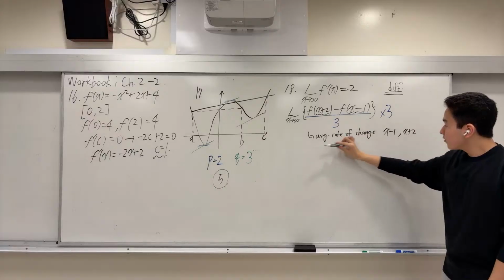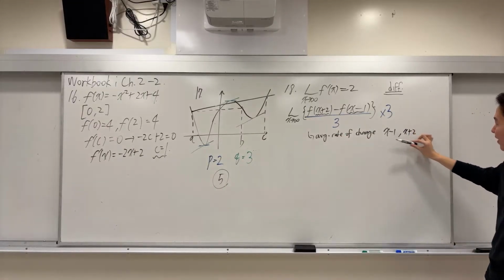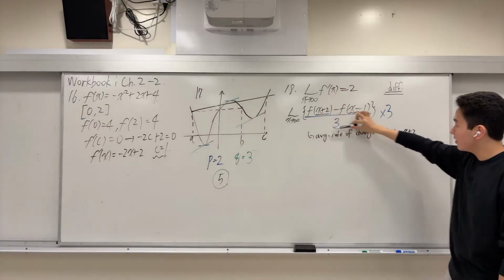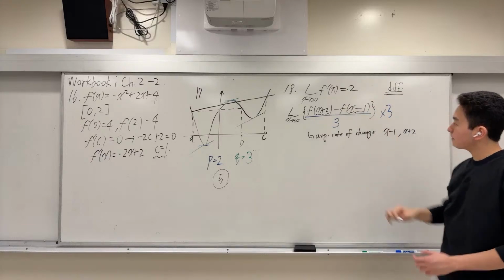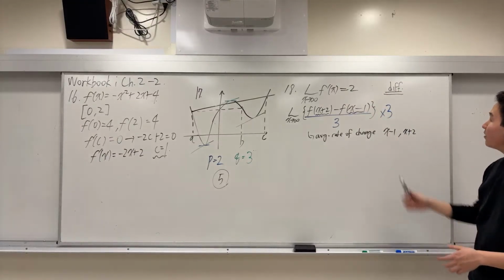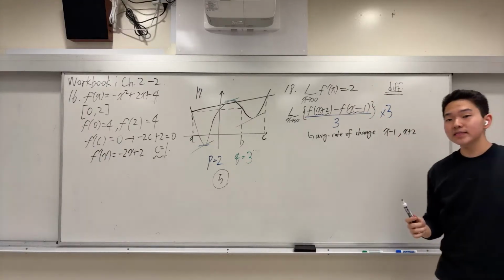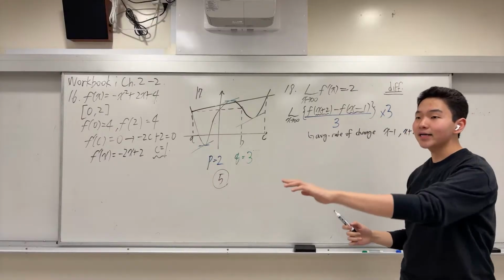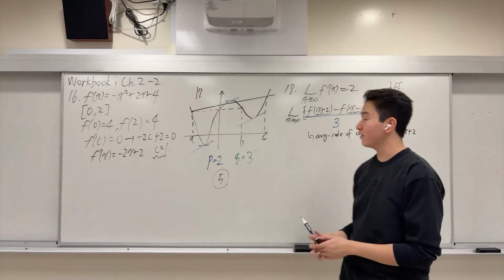We see that the average rate of change from x minus 1 to x plus 2 can be given with this expression, right? And we know that the function is differentiable, which means that differentiability implies that it's also going to be continuous everywhere.